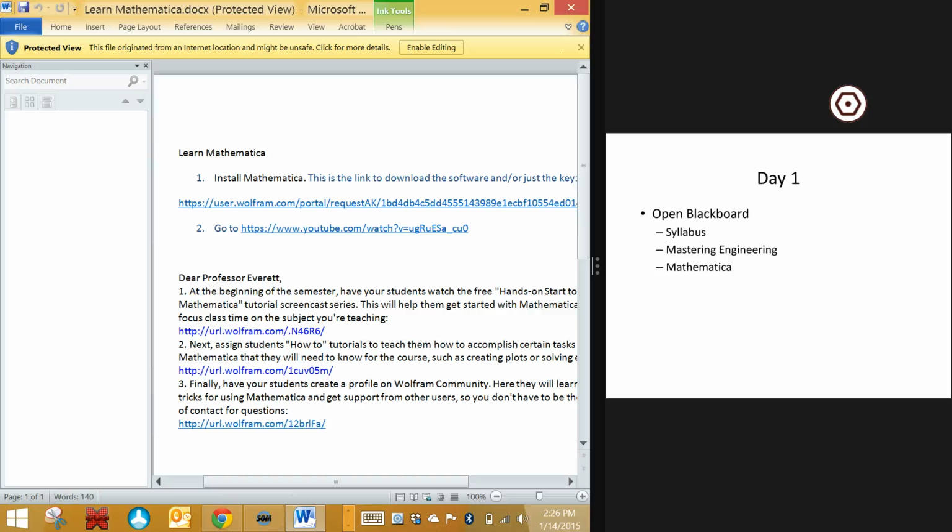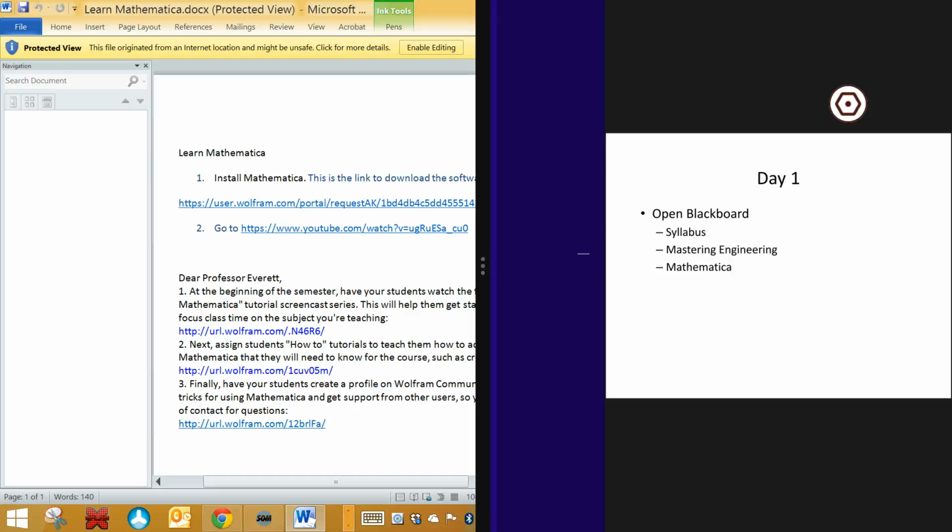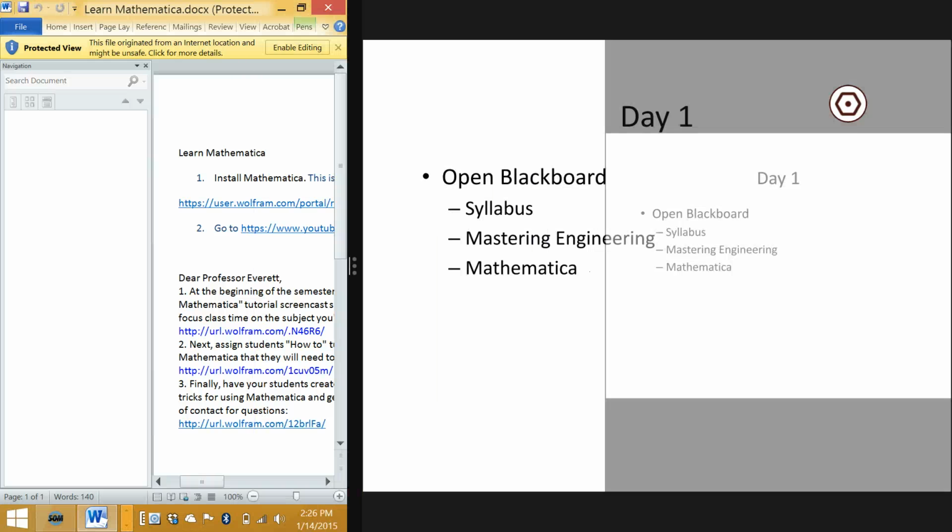If you want to bring it to exams, you're welcome to use it during exams as well. This document shows you how to get Mathematica and how to install it. There's also some learning material. There's a couple of links in there that talk about how to use Mathematica. And I'll try to teach that as well in the class. So be sure to check out Blackboard.